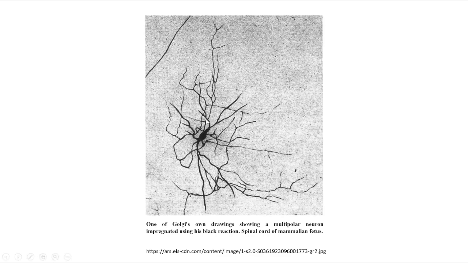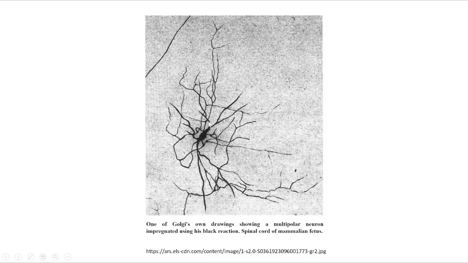So this is one of Golgi's own drawings in which he has used his black reaction, basically his Golgi staining technique, and this shows a multipolar neuron. So what is a multipolar neuron? It has several processes, as you can see.